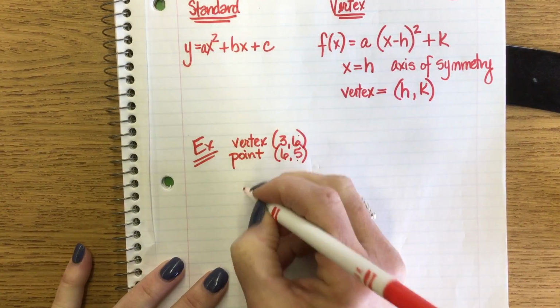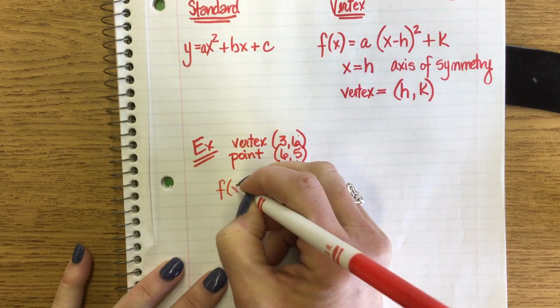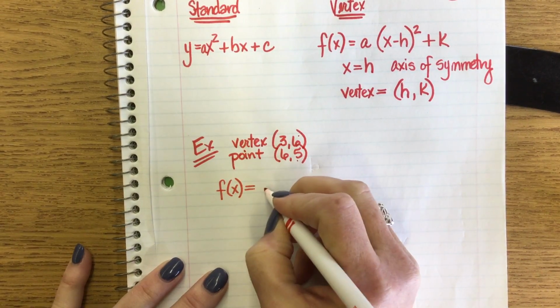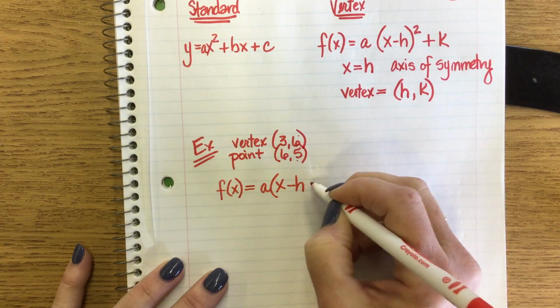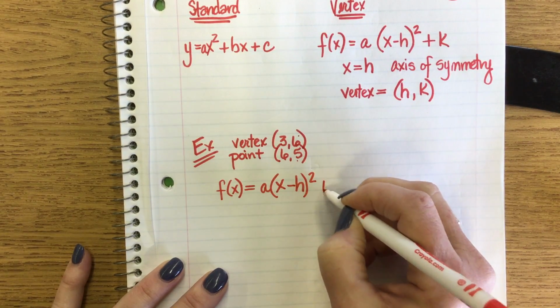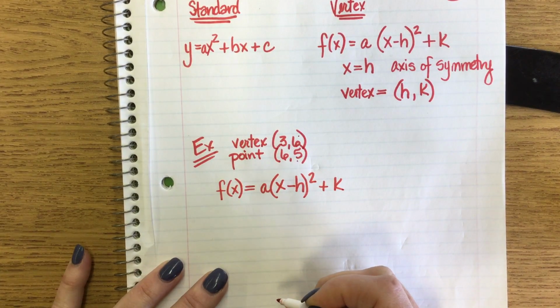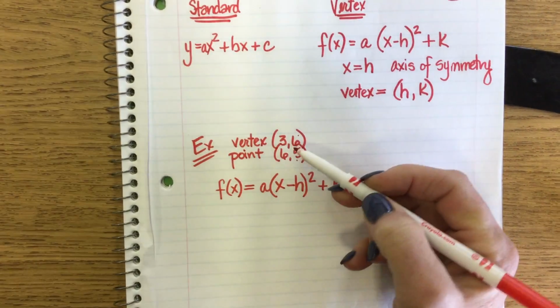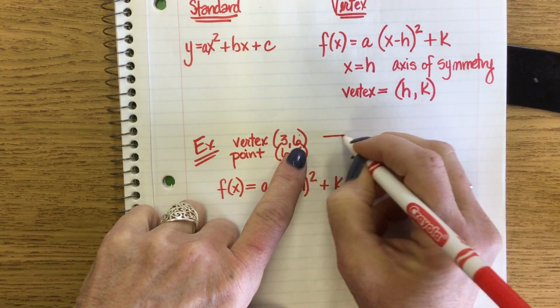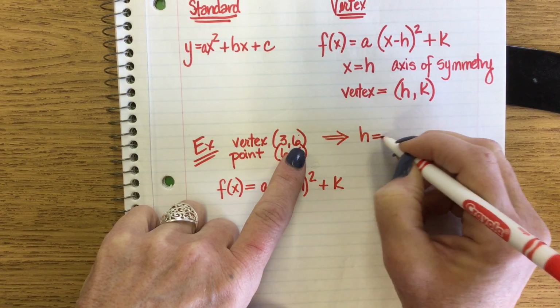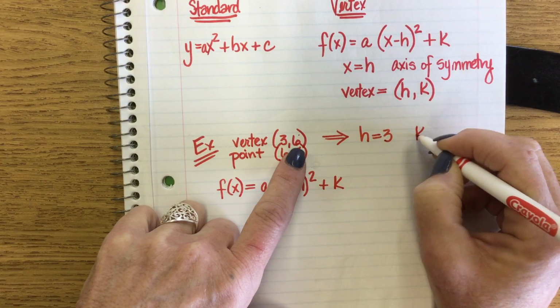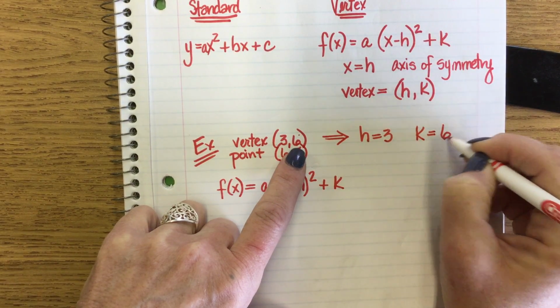So we know that the function of x is equal to a times x minus h squared plus k. Now we know that from this vertex, h is equal to 3, k is equal to 6.